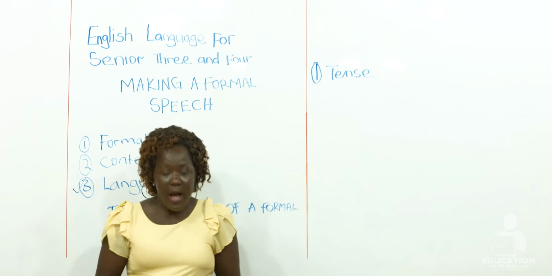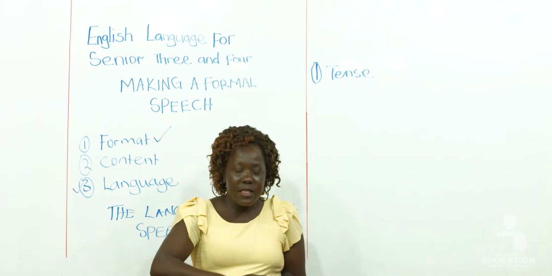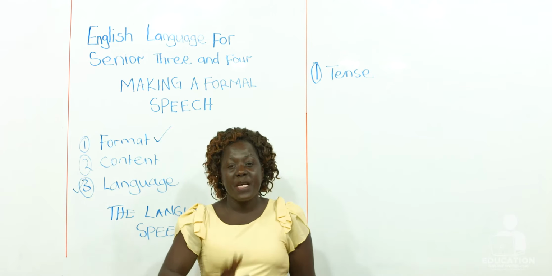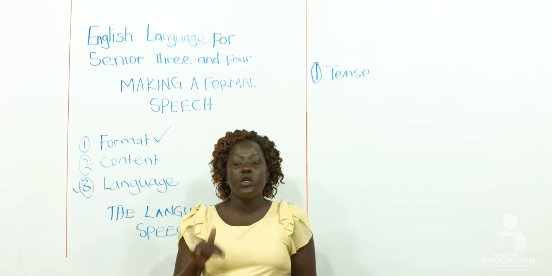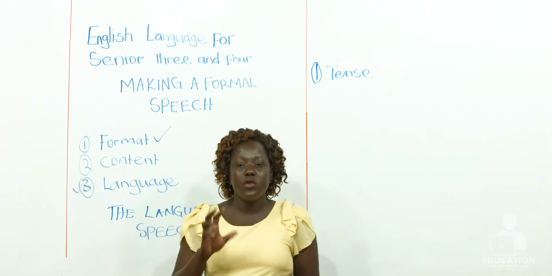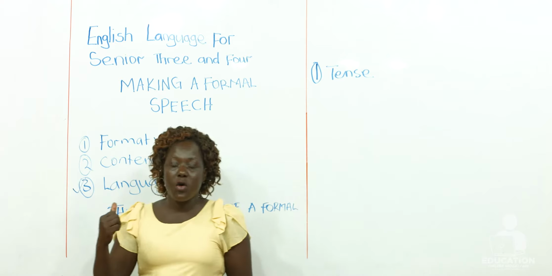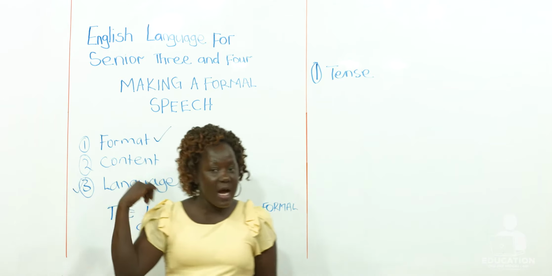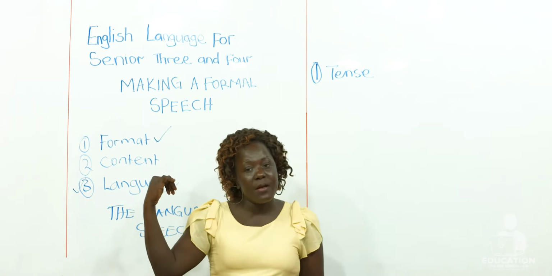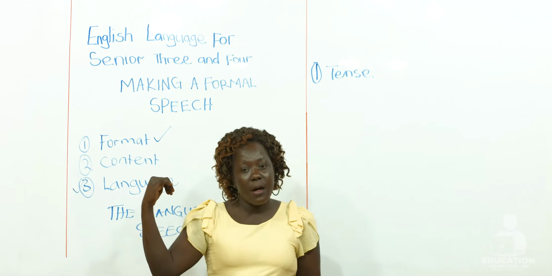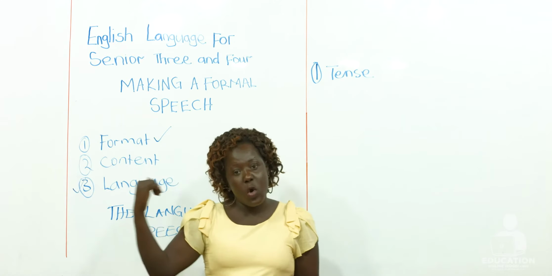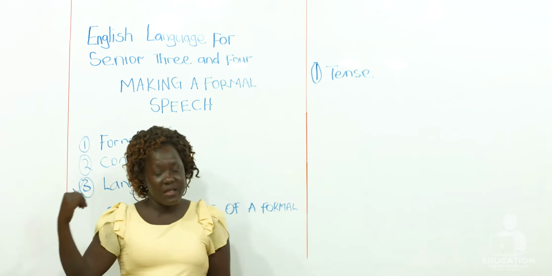But I am saying it is not only the present tenses. You can even use past tense. You have to use past tense if you are referring to a flashback, something that happened many times ago, or years and even months ago.